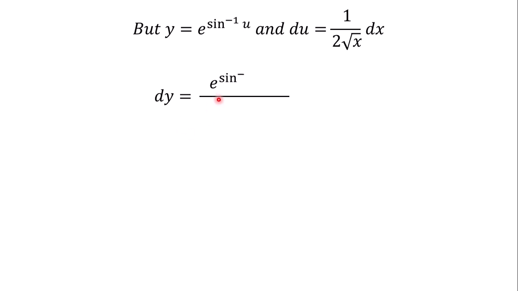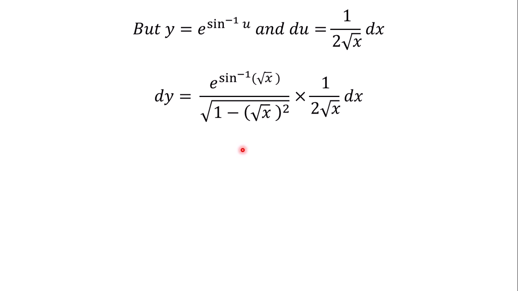So dy is equal to e raised to the power sine inverse of square root of x, just to save time, and I hope you know why. Maybe you can replace y with this one. If you replace y with this one, make sure you don't change the du.